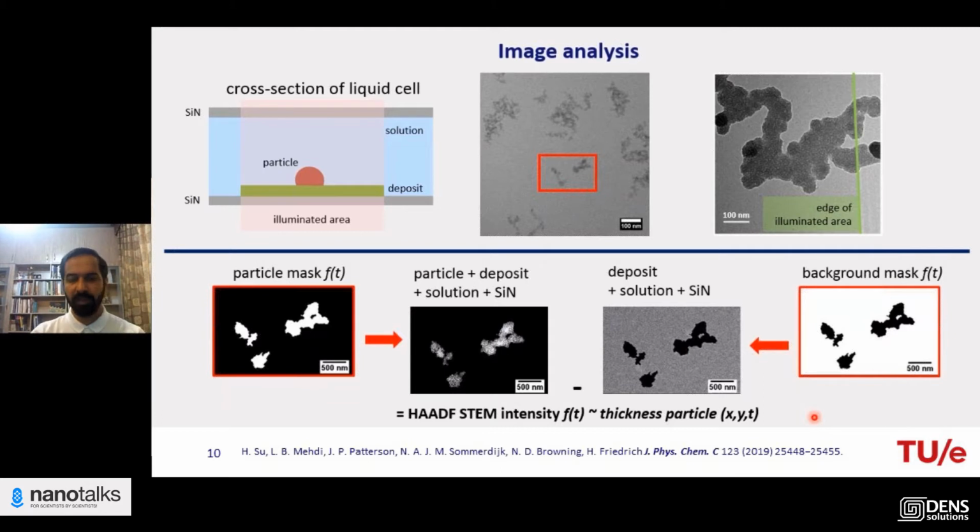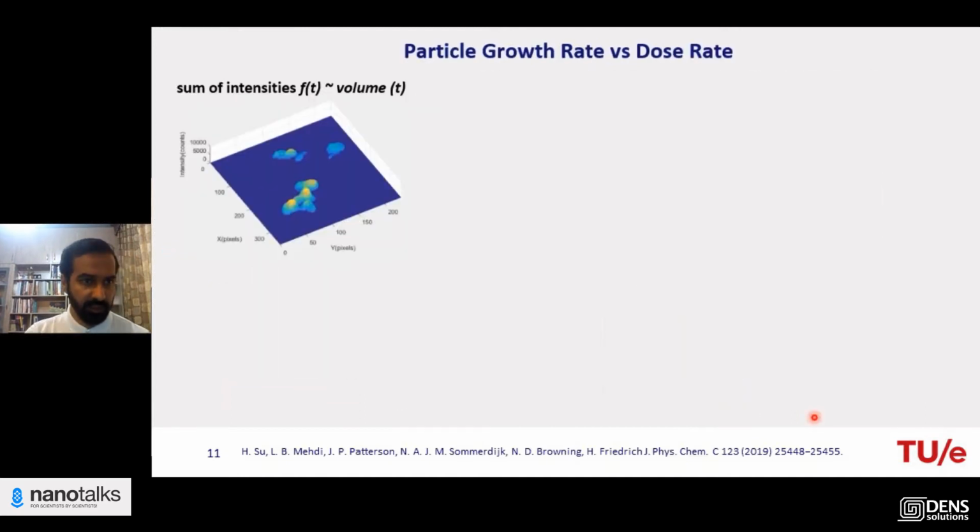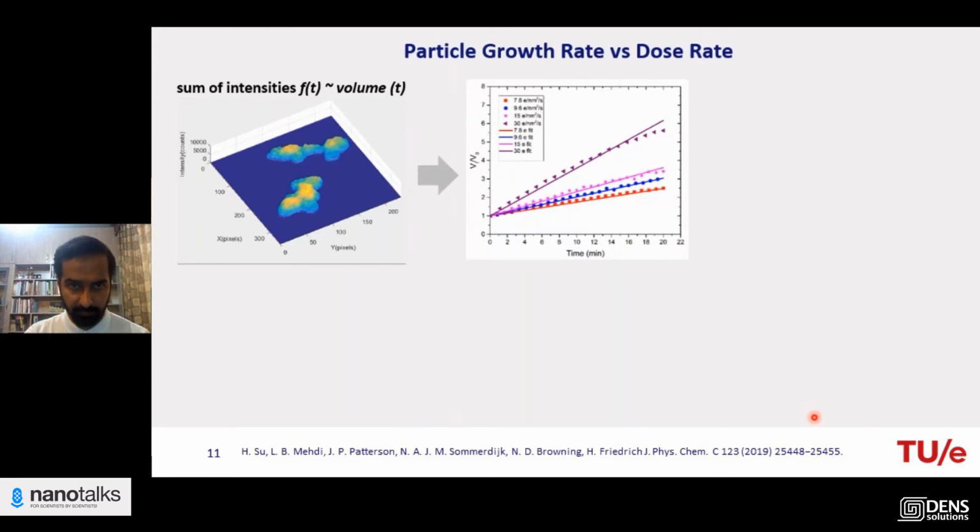With this, you can conclude that the high angular dark field STEM intensity is almost the thickness of the particle. So considering that the sum of the intensities is the volume versus time, you can derive particle growth rates versus the dose rate that you can see in this second image.